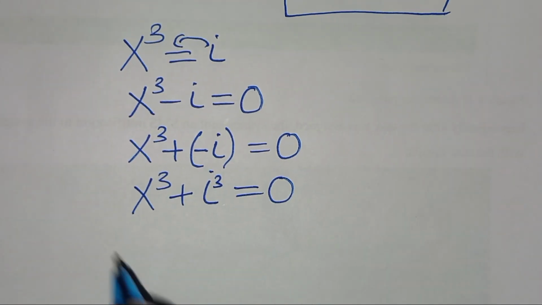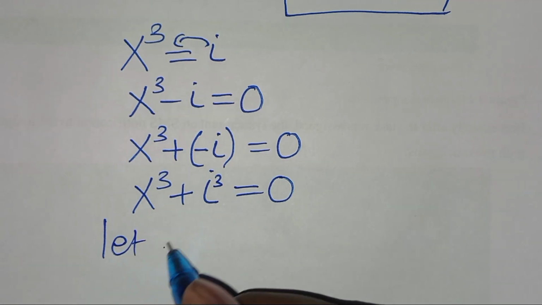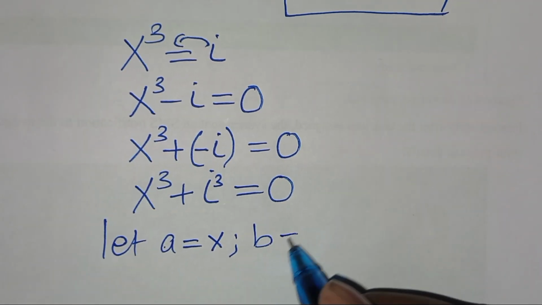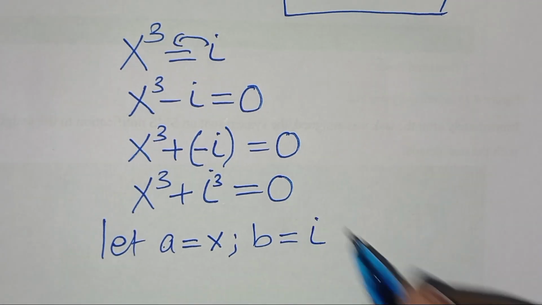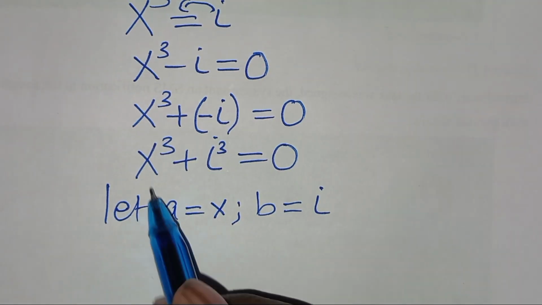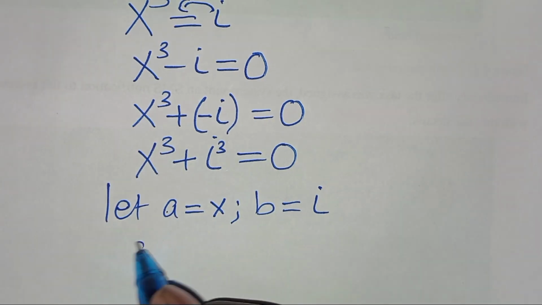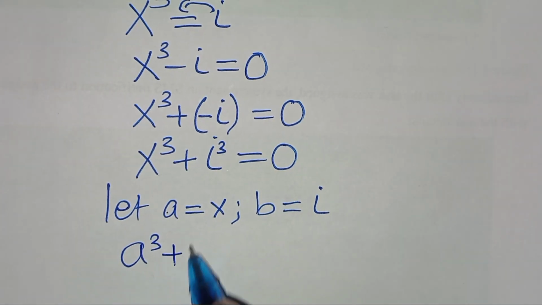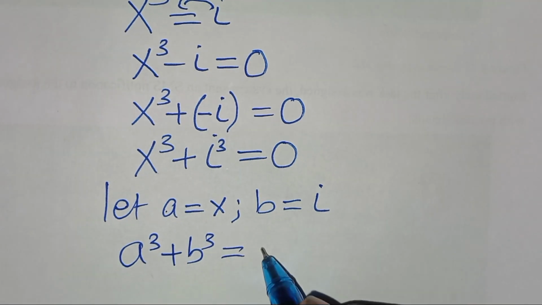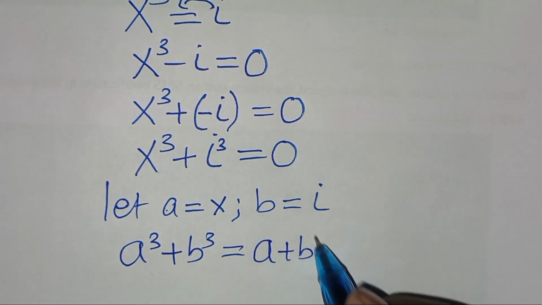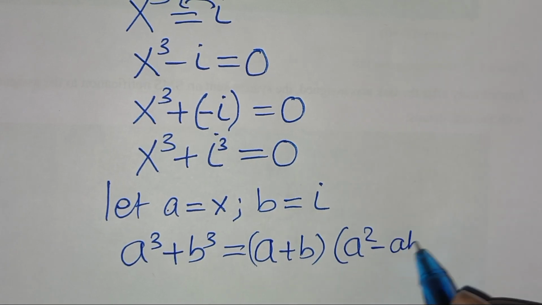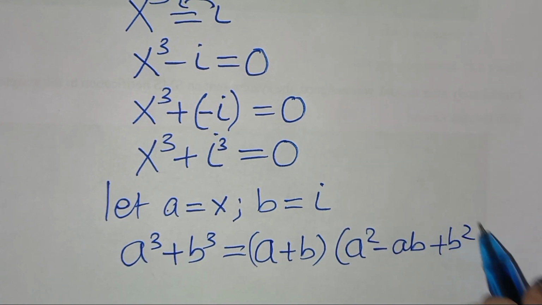Now from this equation, we can let a be equal to x and b be equal to i. So this equation is in the form of a to power 3 plus b to power 3, which is the sum of two cubes, which we can express as a plus b, times a squared minus a times b plus b squared.